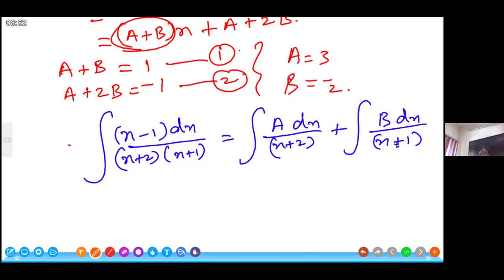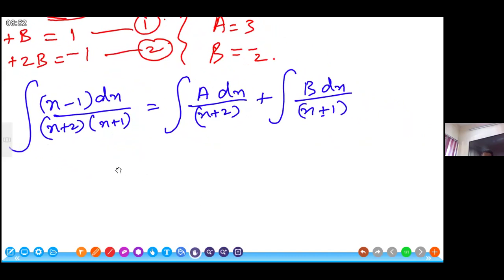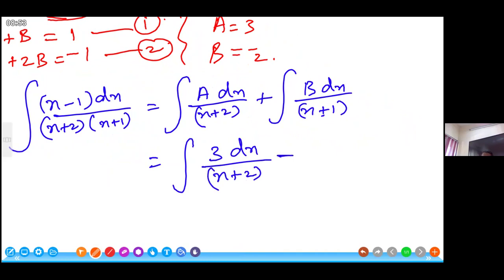The left side is equal to the right side, where we wanted to find the values for A and B, which we did already. So it is the integration of 3 instead of A divided by x plus 2, minus the integration of 2 dx divided by x plus 1, because B is minus 2.